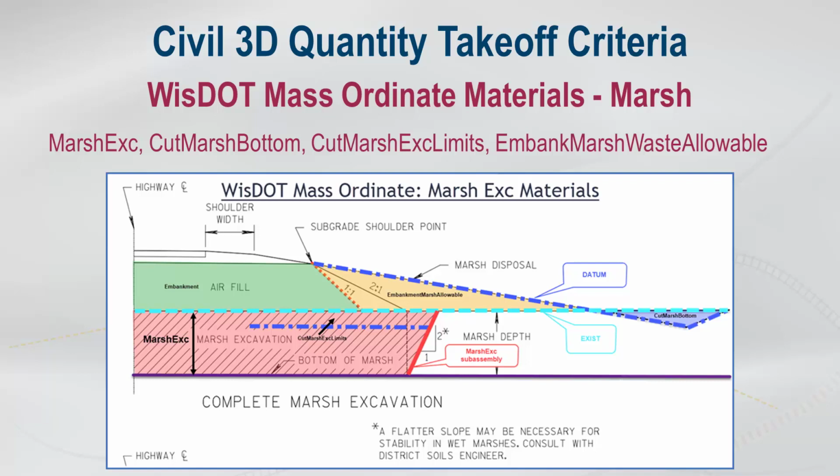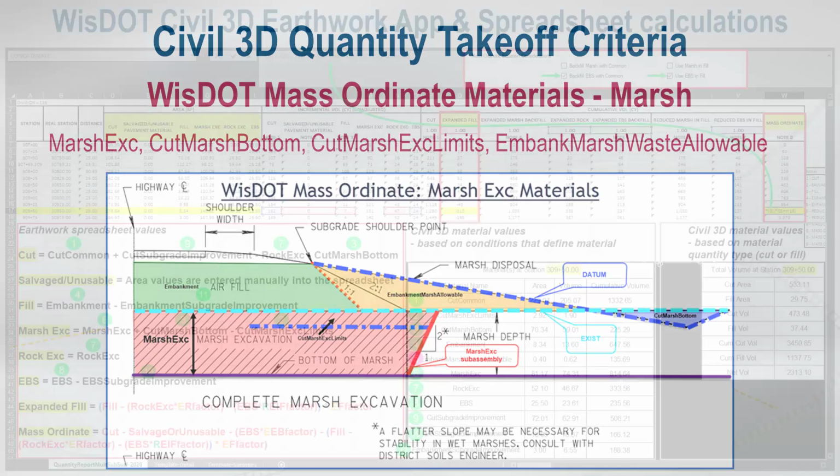This material can be reviewed in Civil 3D, but is not imported into the WisDOT Earthwork spreadsheet. The designer will need to review the embankment marsh waste allowable material volume and compare it with the total reduced marsh infill or reduced EBS infill spreadsheet volume to see if any adjustments are needed as to where EBS or marsh can be used as embankment fill.